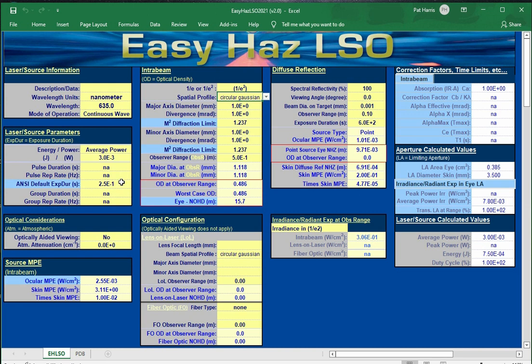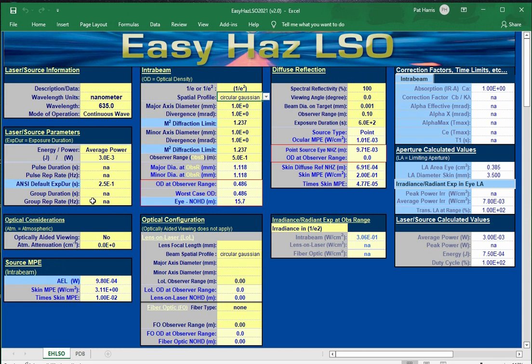And we've already learned that the AEL for class 2, the limit is 1 milliwatt. Okay, so what we'd like to know is, well, where do we find that? Because the way we get the AEL is we take the MPE, which is in watts per square centimeter, we multiply it by the area of the limiting aperture, and we wind up with the power that would be associated with this MPE. Or we can just click here, and that gives us the AEL for whatever exposure duration we're looking at.